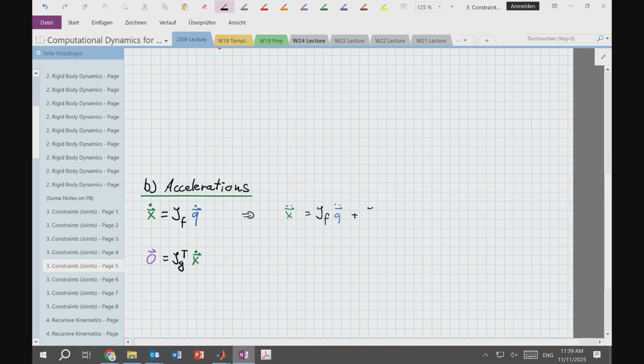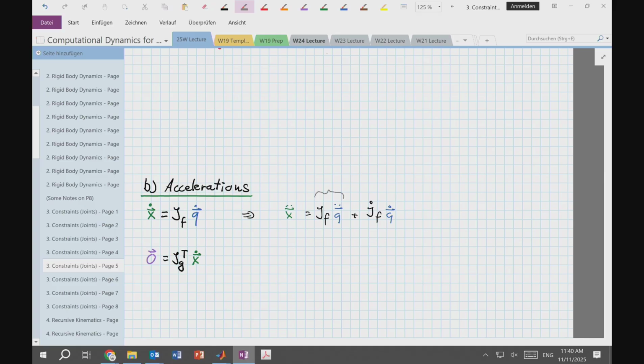plus JF dot times Q. We get two terms, and this is quite typical for constraint systems, where I get an acceleration because I have a Q double dot. So my motion primitive, my generalized velocity changes, giving me a generalized acceleration.